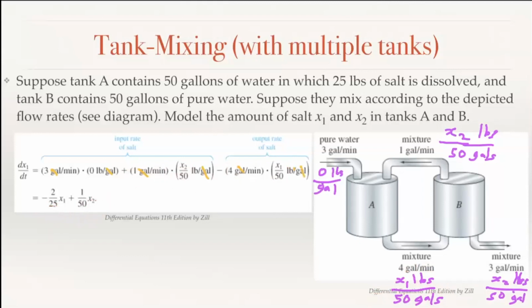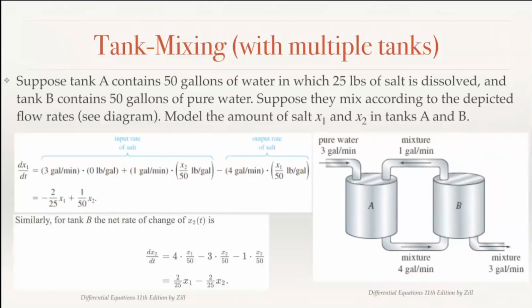And then we can do the same analysis with dx2 dt. And following that identical kind of analysis, we wind up with another differential equation for dx2 dt. So we wind up with a system of differential equations, which we cannot solve for yet, but we will learn how to solve systems like this later in the course. Right now, we're just getting a taste for what setting them up is like.